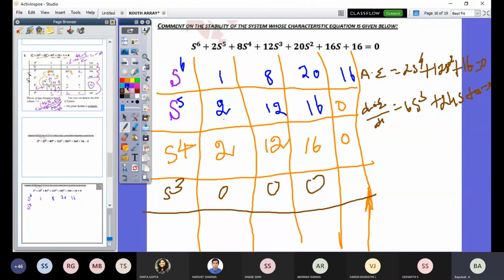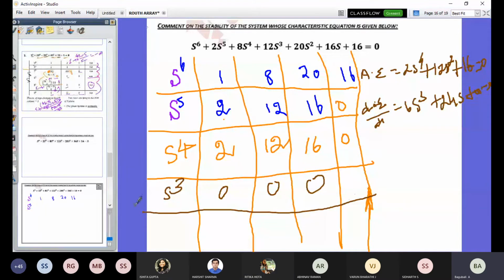8s cube. Yes, dear. Excuse me, sir, can you please explain once how we determine the auxiliary equation? This row becomes 0, no? The s cube row. So the previous row is s power 4. Here, for s power 6, how do we write that entire row? S power 6, s power 4, s square and constant.